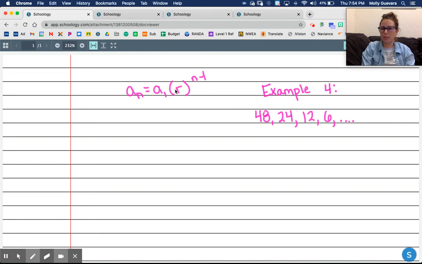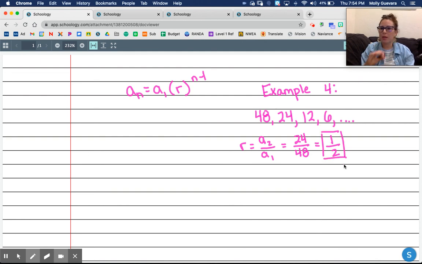I can only put numbers that I'm multiplying by. So to find that common ratio, whenever you're dividing, you're going to use that A2 over A1 trick. Okay, so my second term is 24. My first term is 48. This simplifies to 1/2. So that tells me that my common ratio is 1/2.